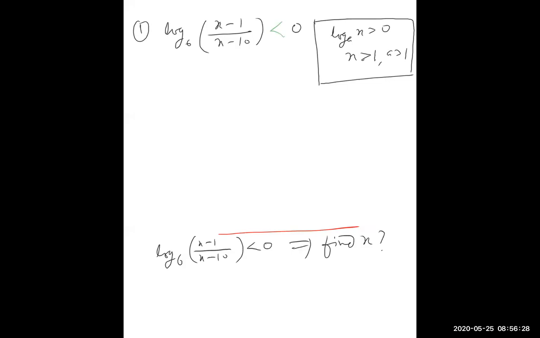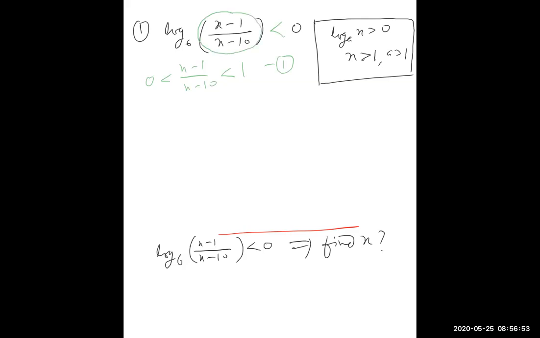So two cases will be there. First one is x minus 1 upon x minus 10 must be less than 6 raised to power 0, that is 1. And at the same time, this must be positive also, because if it is not positive, then this log will not be defined. Logs are defined for positive numbers only. So this quantity must be positive.